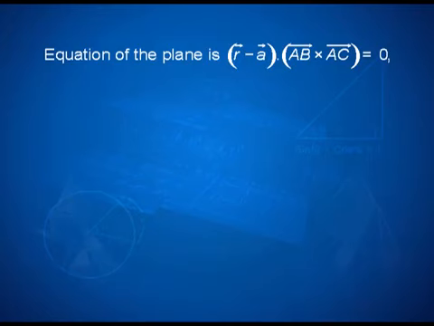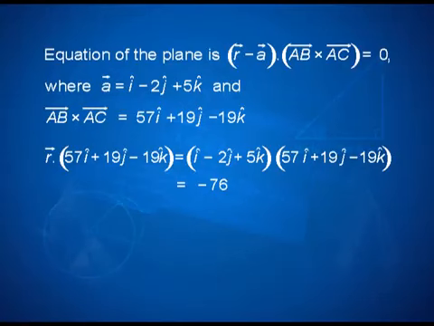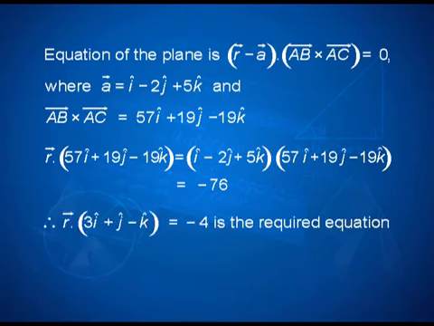So, we have everything ready to form equation of the plane, and that simplifies to be same as vector r dot 57i plus 19j minus 19k cap equal to negative 76, simplification of vector A and the vector n which is along AB cross AC dot product, and therefore, simplification gives us the final answer as vector r dot 3i plus j cap minus k cap equal to negative 4 as the required equation.